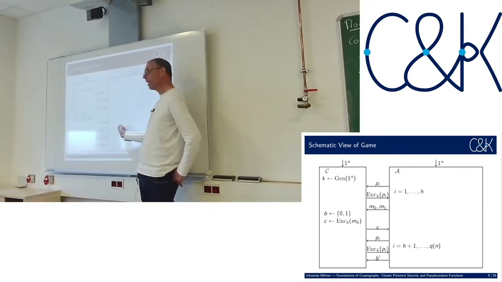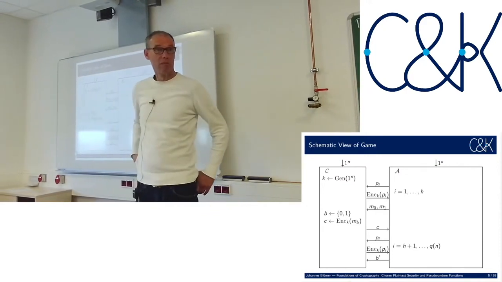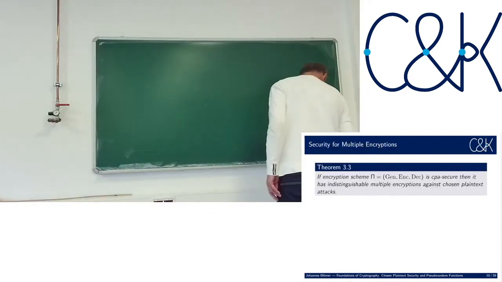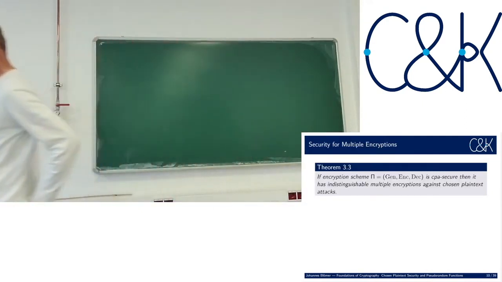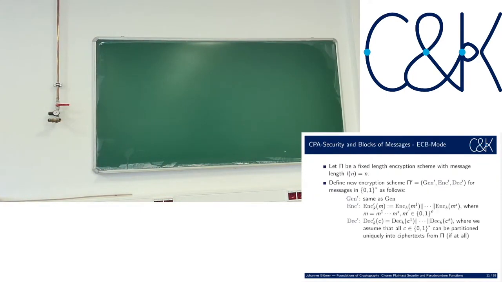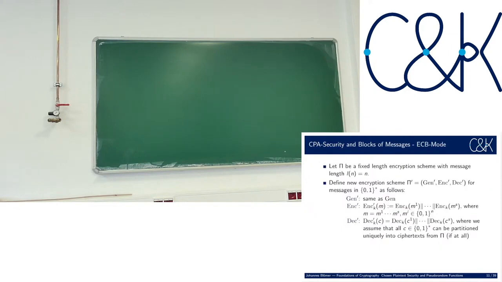I get C, and then I ask for the encryption of the two messages and compare. Okay, so let's do this. Anyway, this is really CPA security, and ECB mode that works. That's just what I already mentioned.